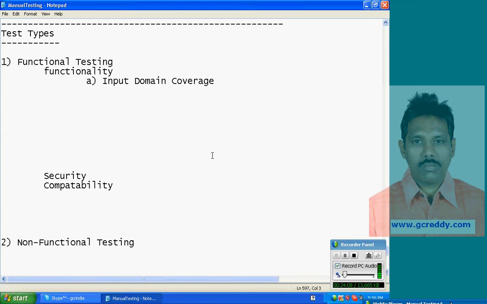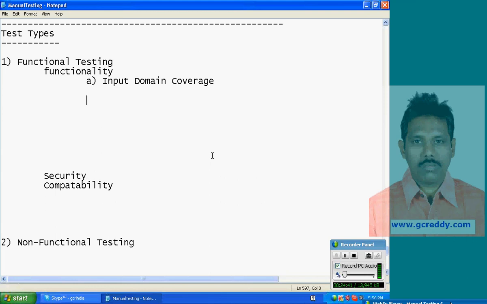Suppose a phone number object is there. In web applications, you can find so many forms, so many fields: field level validation, form level validation, etc. The phone number object has to take only numeric values, 10-digit numeric values. 10 digit is size, numeric is type of the data.